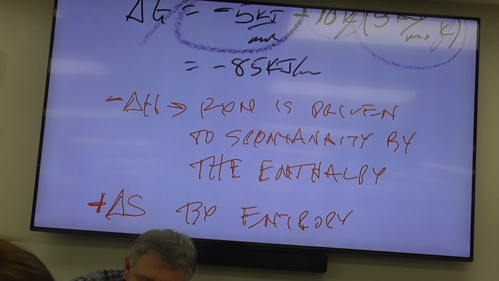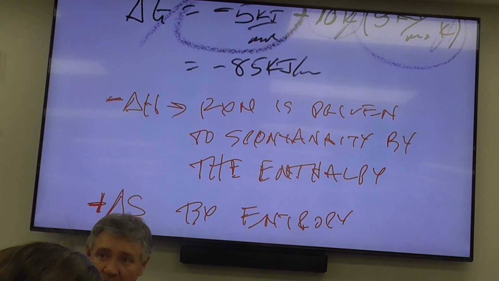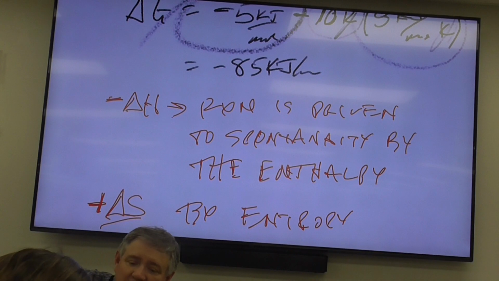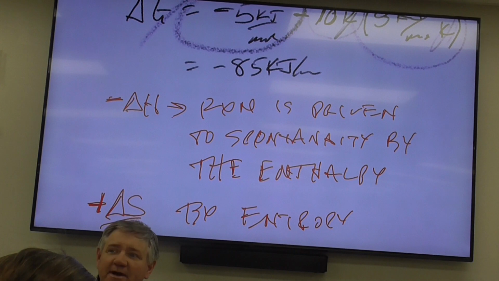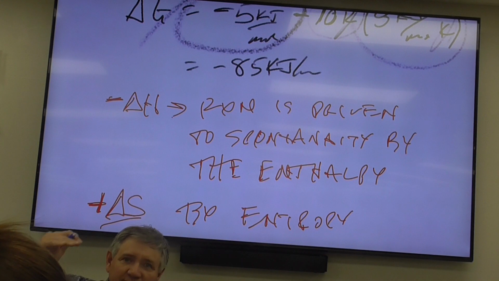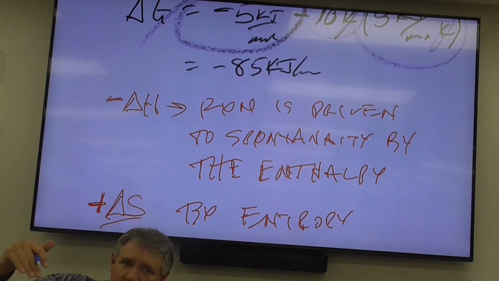So a negative delta H, Mother Nature's digging it. Exothermic reaction. Positive delta S, you're making a mess. It's cool. Mother Nature's a hot mess. This is the perfect combination. So if you have these two terms, the reaction is always going to happen.